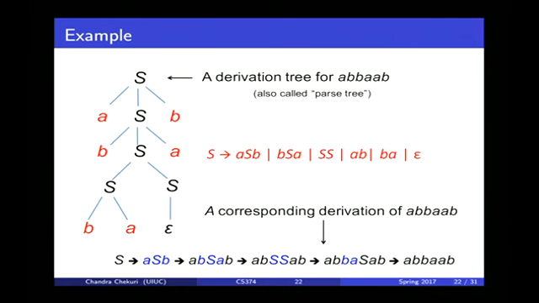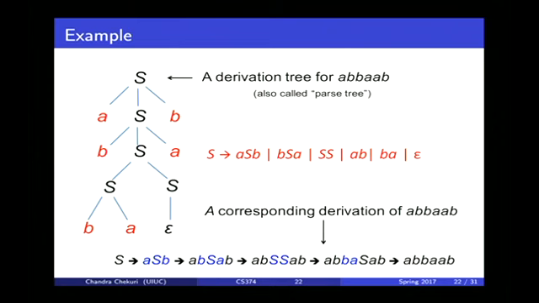A parse tree is a compact representation of the derivation, instead of writing down the sequence of derivations, which is painful. What does a parse tree look like? It's a rooted tree. At the root is the start symbol S. The children are labeled with terminals and non-terminals. This is valid because this is a production rule.